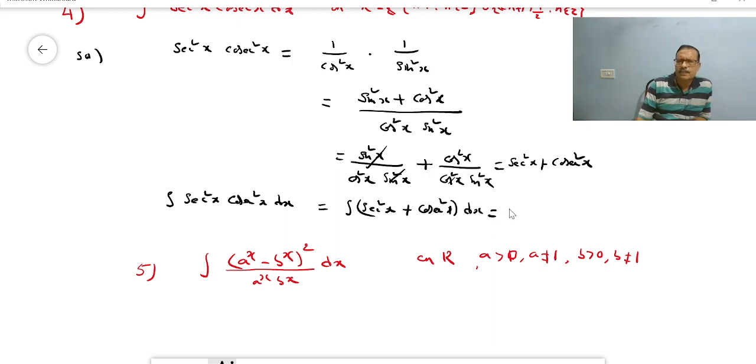Integral of secant square x is tan x plus integral of cosecant square x is minus cot x plus constant. So what will we get?